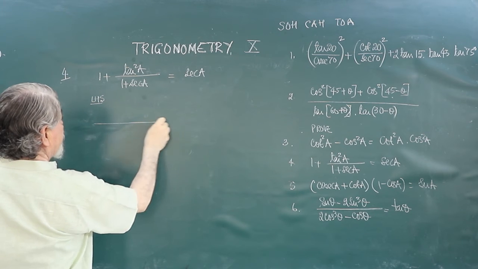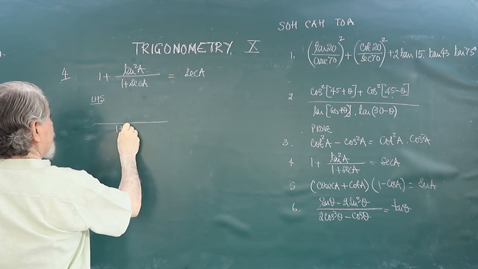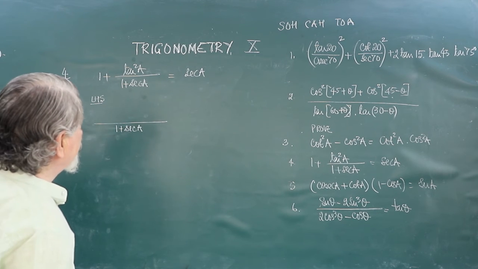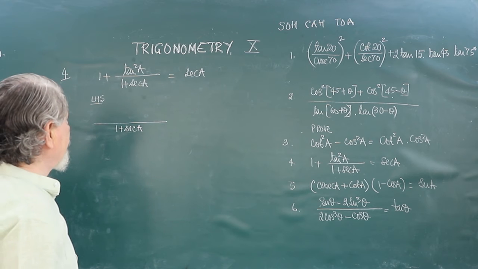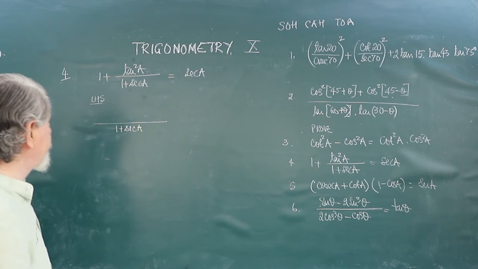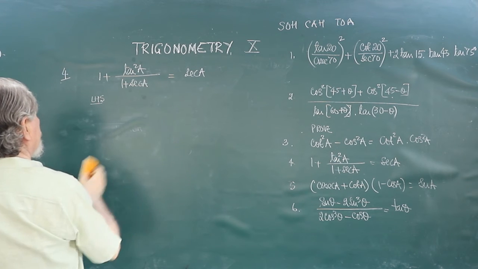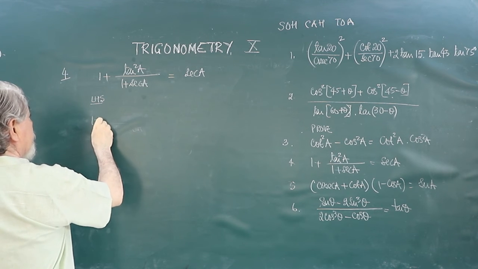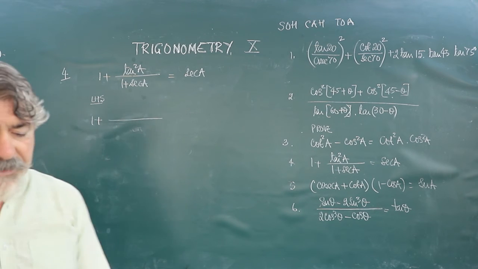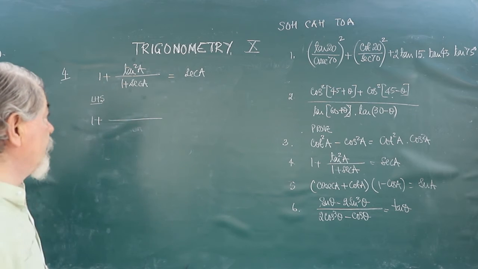Let me take the LCM. 1 plus sec A, I've taken as LCM 1 plus sec A. Just a moment. 1 plus tan square A. Sec square A minus tan square A is 1.